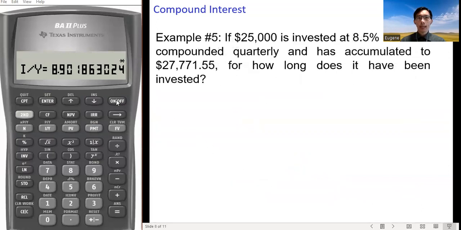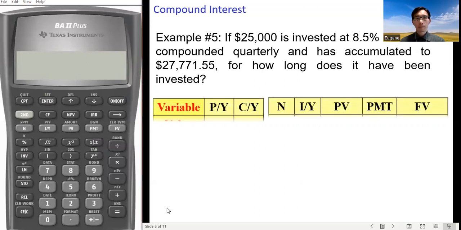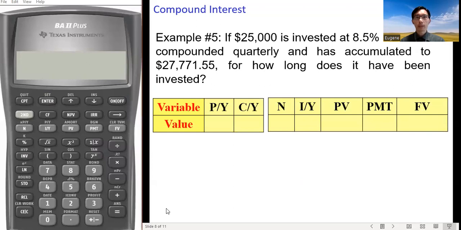Let's take a look at another example. If $25,000 is invested at 8.5% compounded quarterly and has accumulated to $27,771.55, for how long has it been invested? The frequencies, CY and PY equal 4.